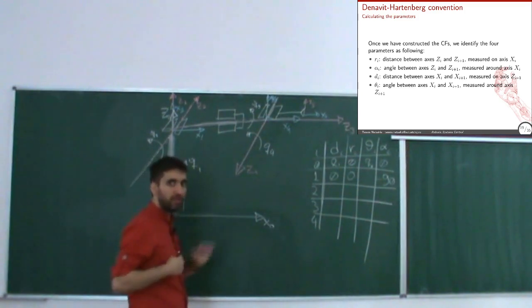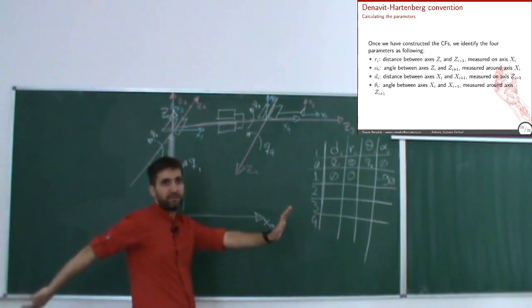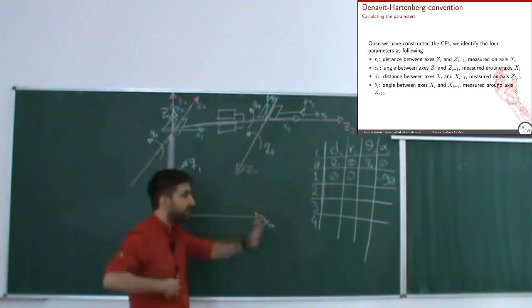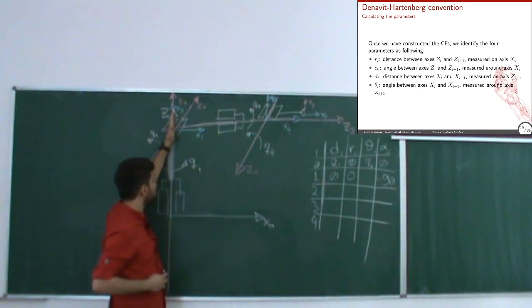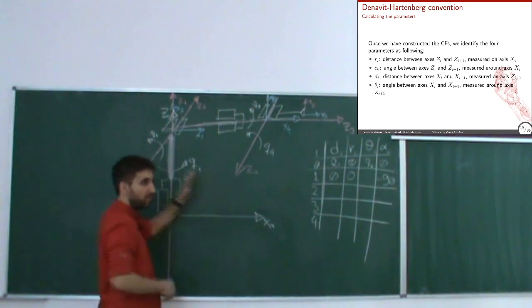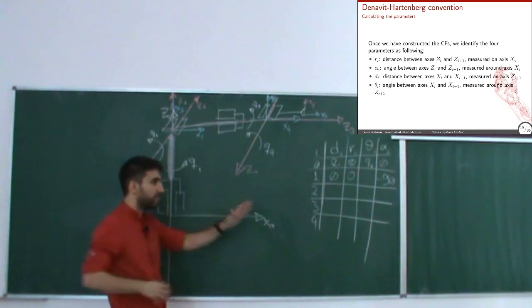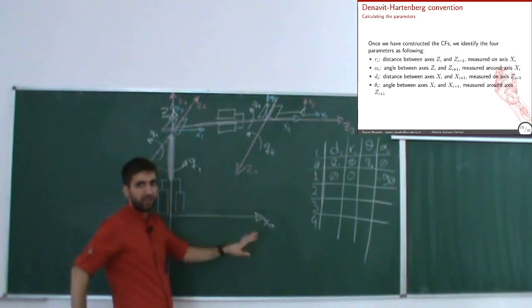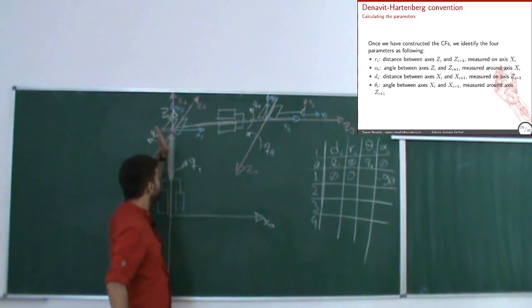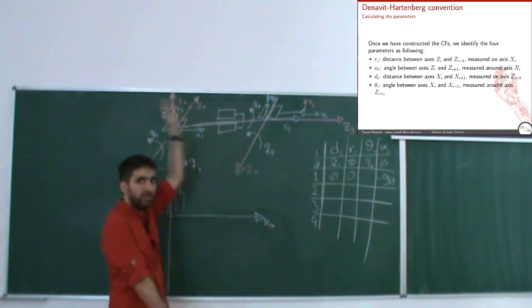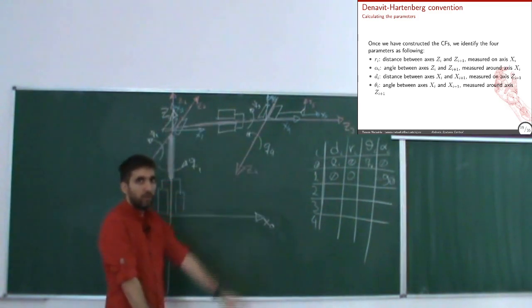So what happens from 1 to 2? Whatever happens behind me does not affect me. I'm fixed. I'm sitting on this joint here, and I move together with it. Basically my Q1. Okay, so whatever happens behind it does not affect me. Does the orientation between x1 and x2, the angle between them, change with Q2, and why?